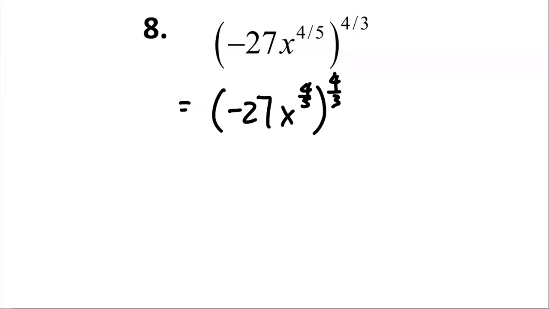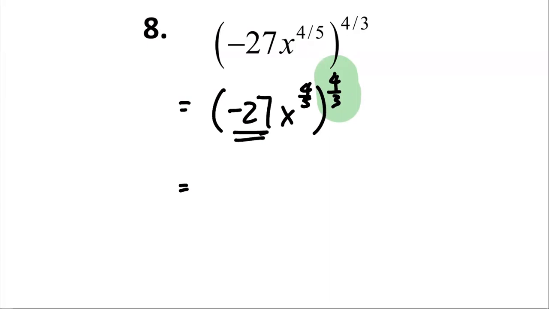So what does it mean? It means that we're going to distribute this exponent into the terms inside. Now, one thing that is going to be a little bit challenging is how you look at this negative 27. There are 2 ways you can look at this.